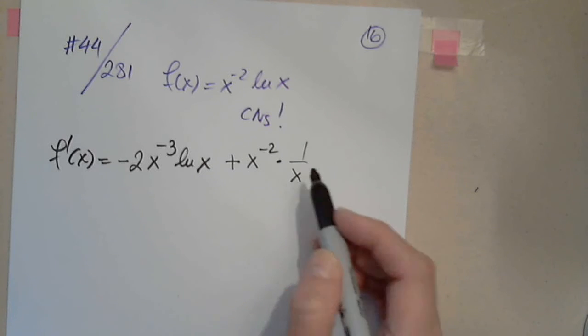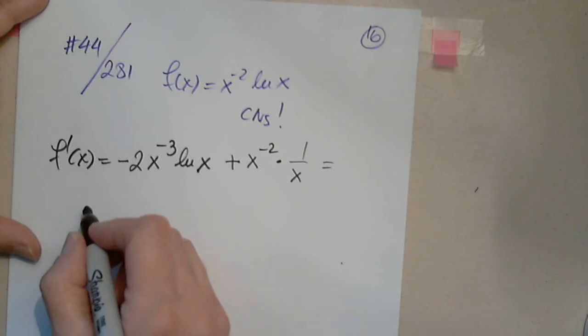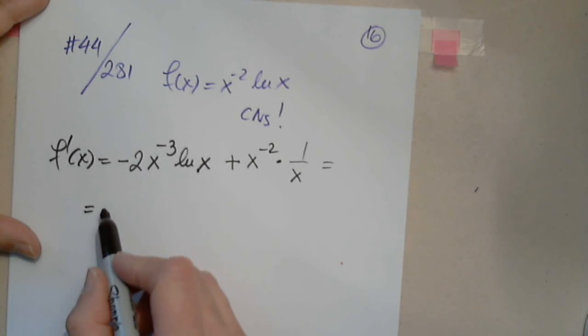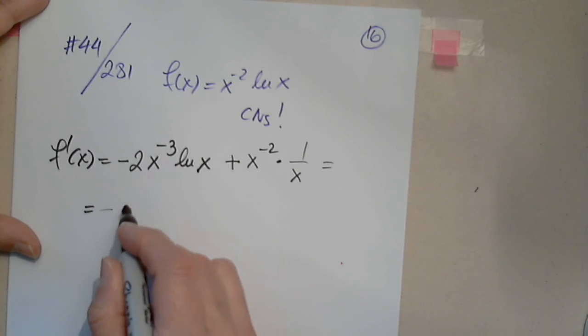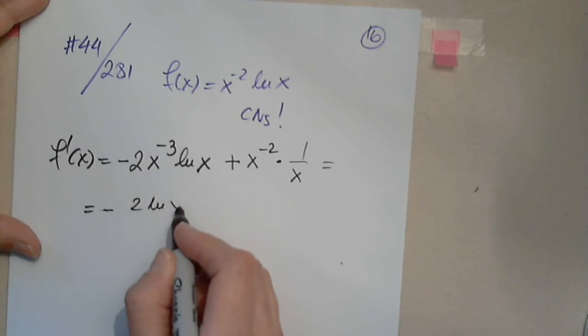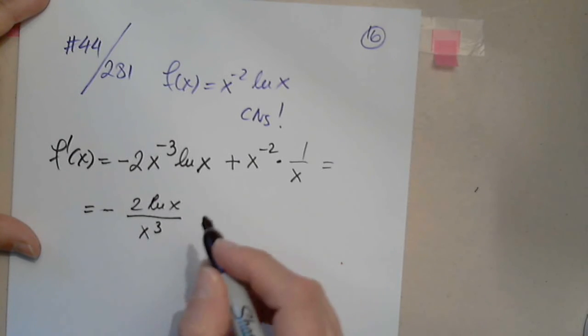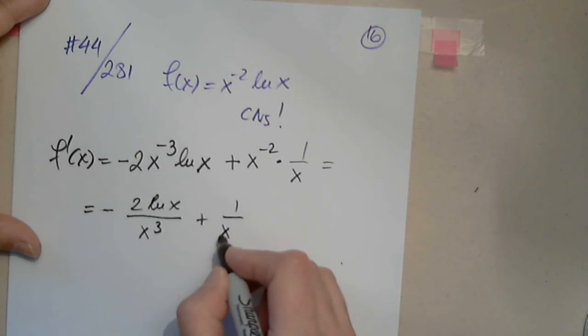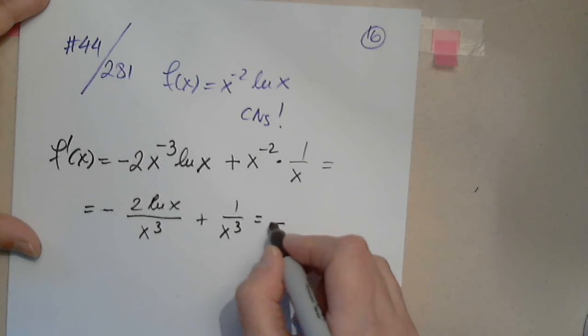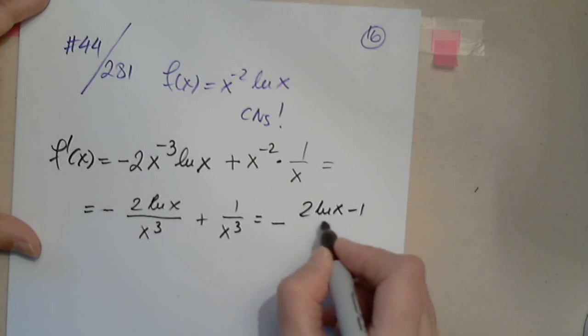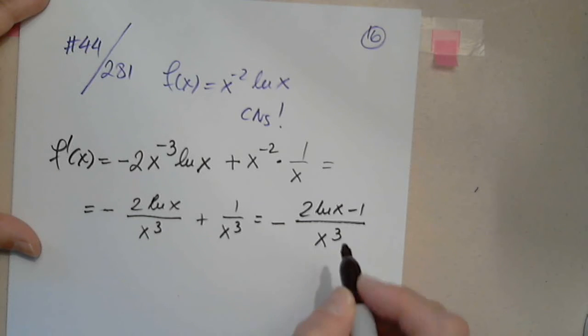That's it. So this is the same with negative 2 natural log x over x cubed plus 1 over x cubed, or negative 2 natural log x minus 1 over x cubed.